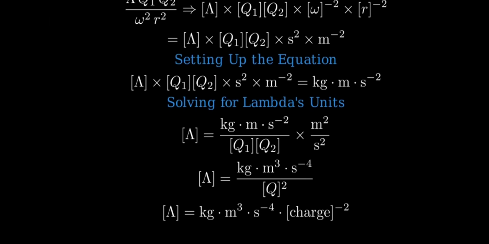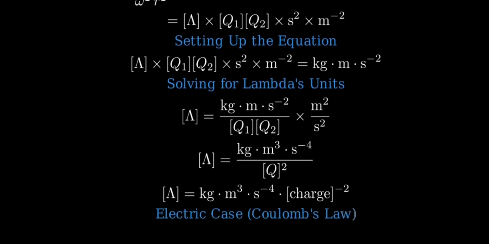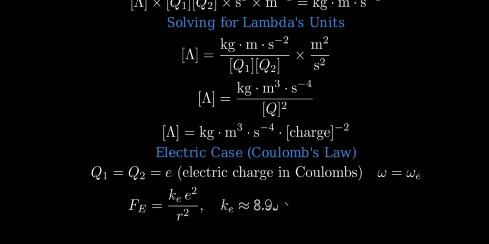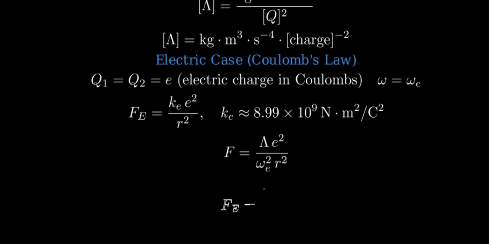Now, let's see how our master equation reproduces Coulomb's law for electrical forces. In this case, we set Q1 and Q2 to be electric charges measured in coulombs, and we choose a specific frequency omega sub e for electrical interactions. We want our master equation to give us Coulomb's law, which states that the force is equal to k sub e times charge 1 times charge 2 divided by r squared, where k sub e is Coulomb's constant, approximately 8.99 times 10 to the 9th Newton meter squared per Coulomb squared.